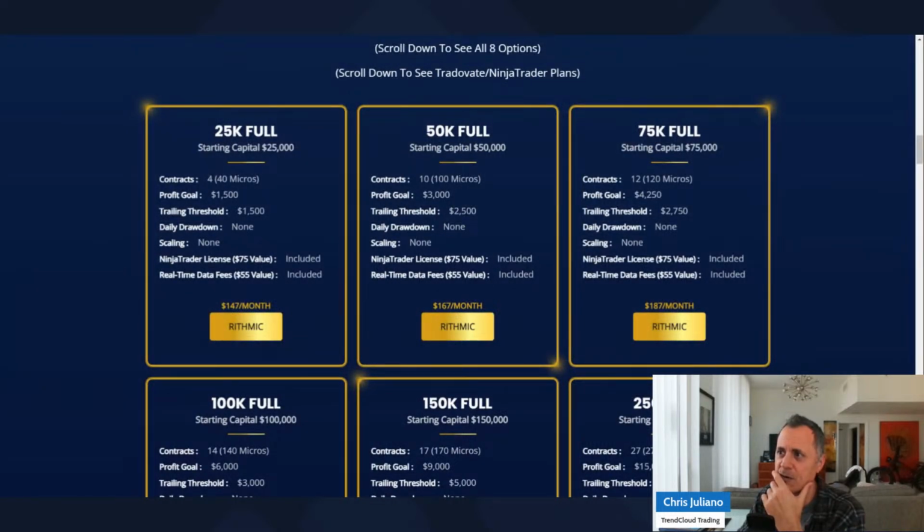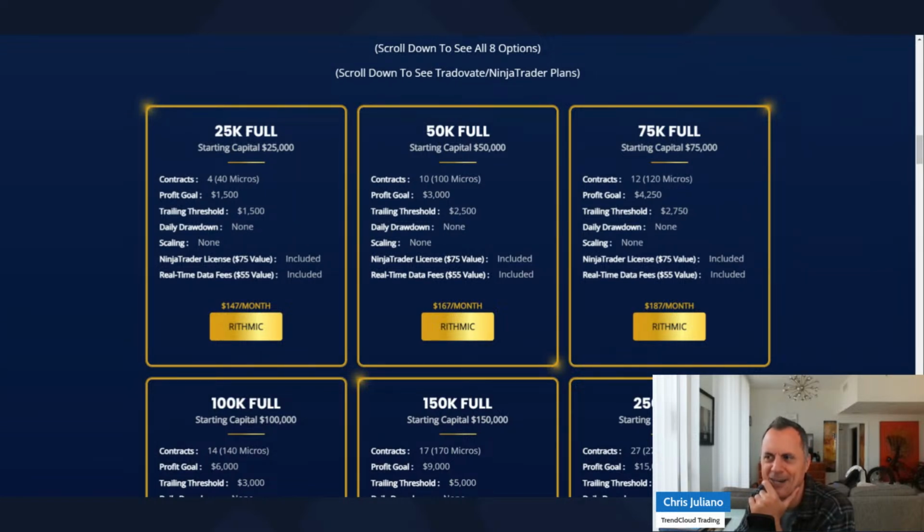Here's what it costs, right? In order to get funded $25,000, says 4 contracts or 40 micros. Okay, I'm not really sure what that means. Maybe you have to trade that. Profit goal 1,500. I understand that. Daily drawdown, none. Scaling out, none.